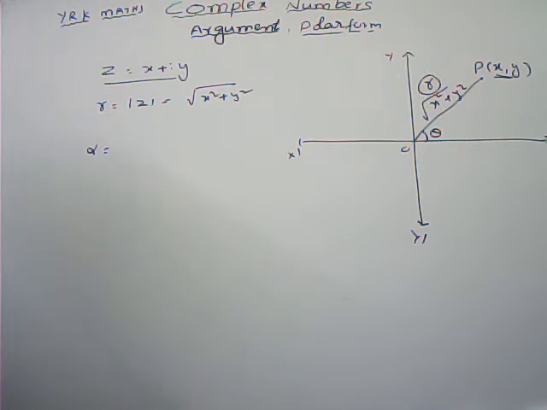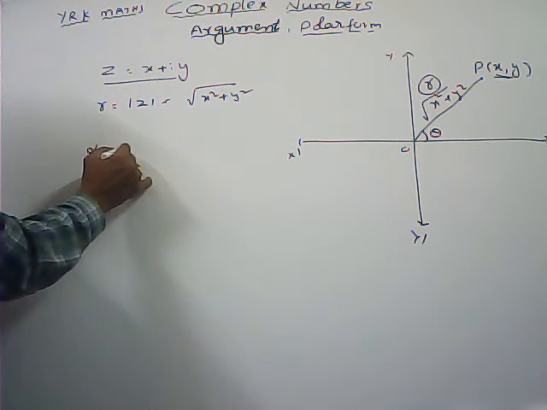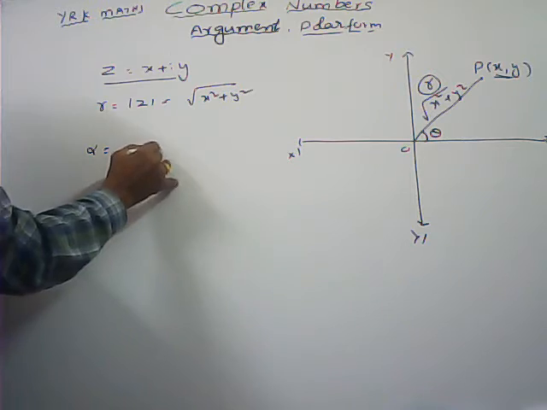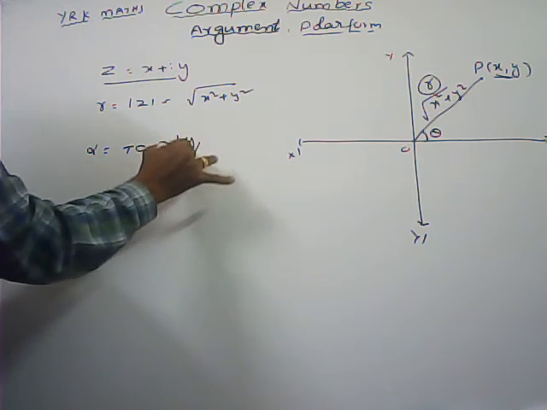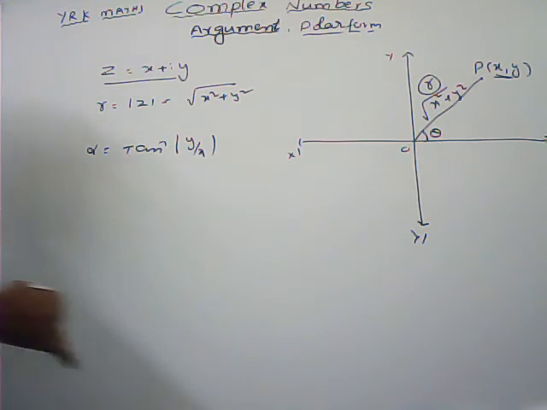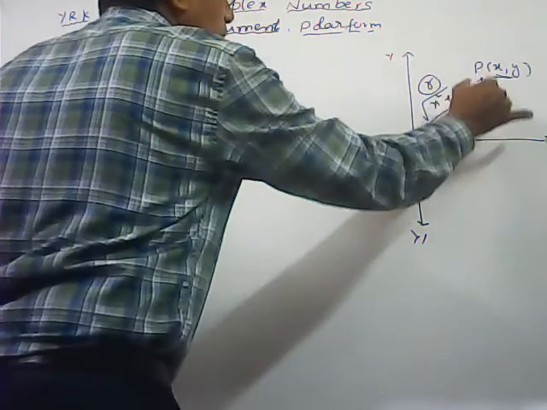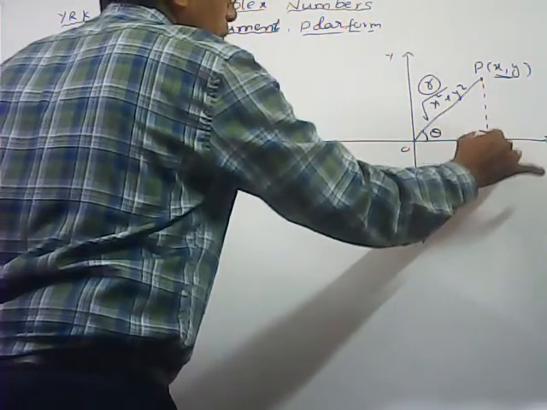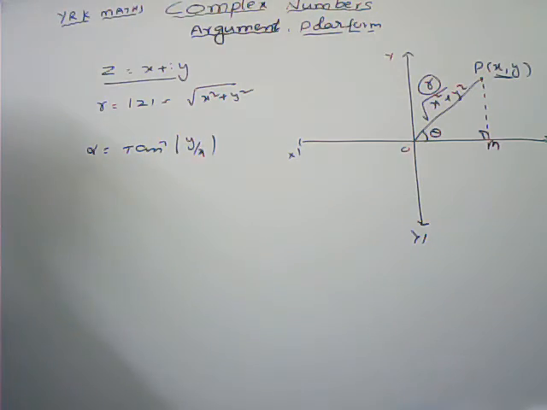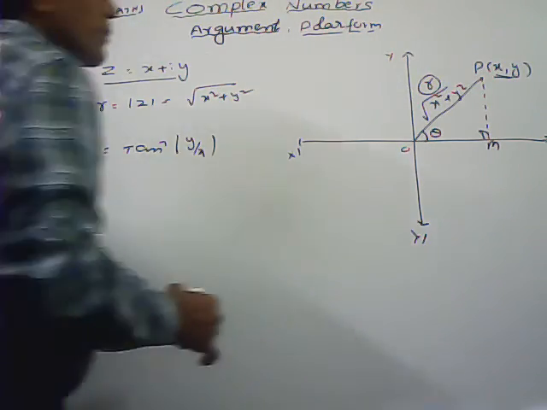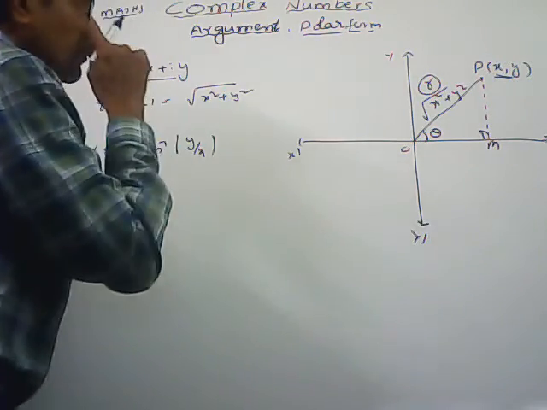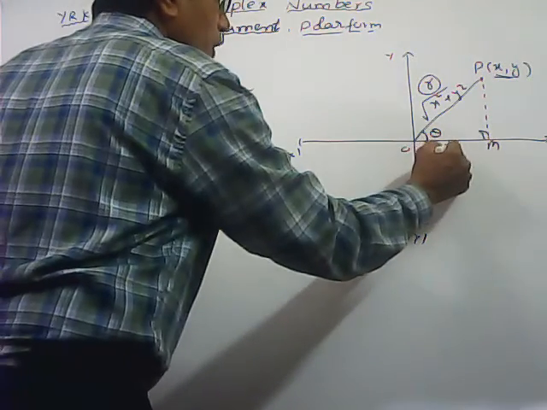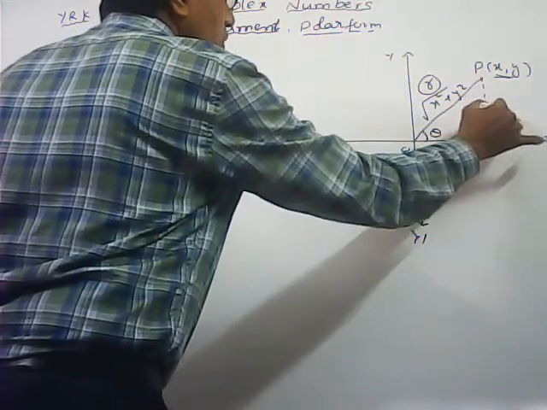Alpha is equal to tan inverse modulus of y by x. How to get that one? Draw a perpendicular to the x axis, PM. Here M is the foot of the perpendicular on the x axis from P. This length OM is equal to x, PM is equal to y.